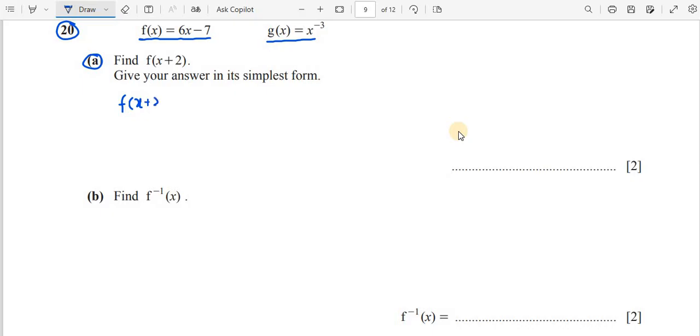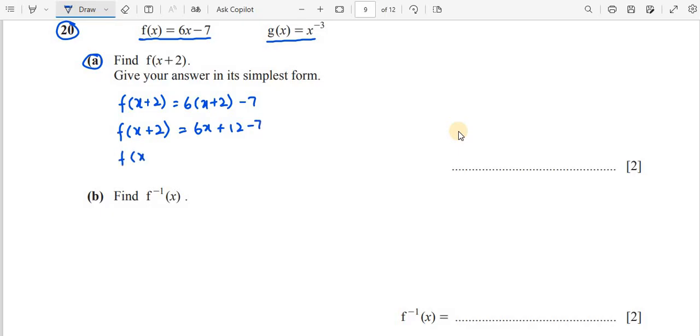So f of x plus 2 is equal to 6 times (x plus 2) minus 7. So f of x plus 2 is equal to 6 multiplied with x is 6x, plus 6 twos are 12, minus 7.